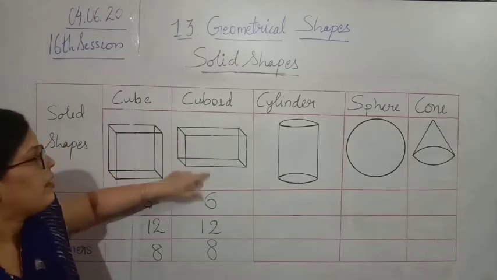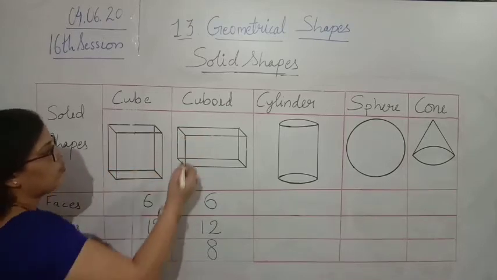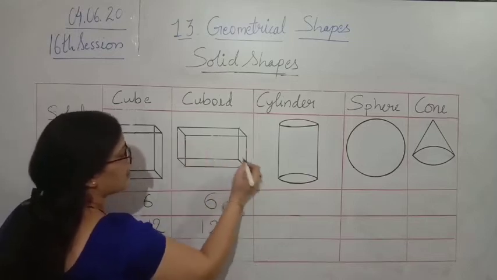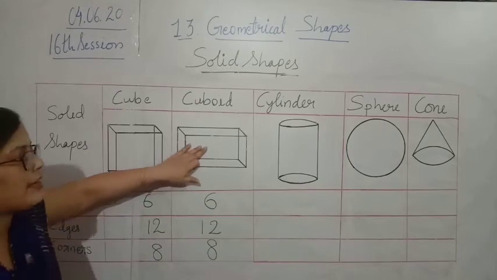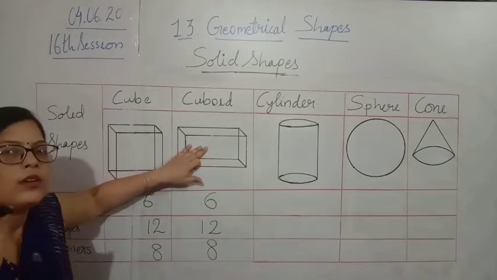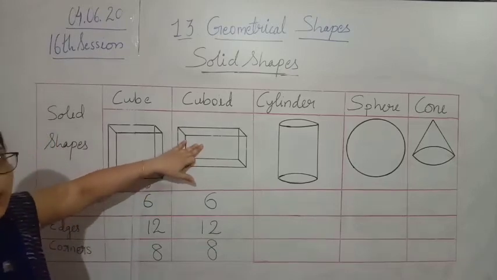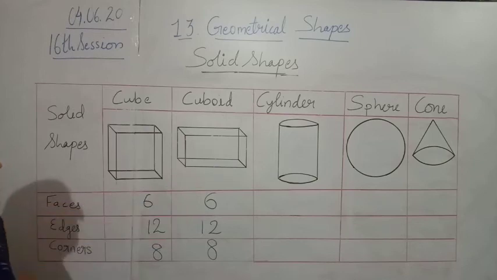Here in cuboid, these two long sides are equal and these two short sides are equal. Likewise in a rectangle, two opposite sides are equal. In the same way in cuboid also opposite sides are equal. Now cylindrical shape.